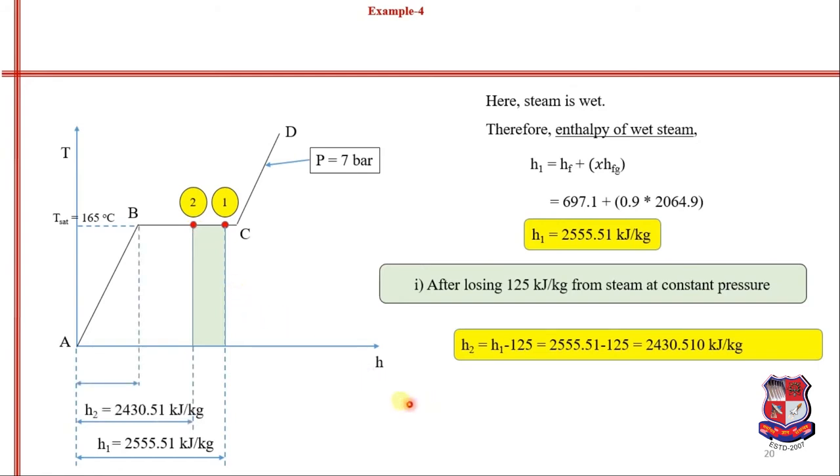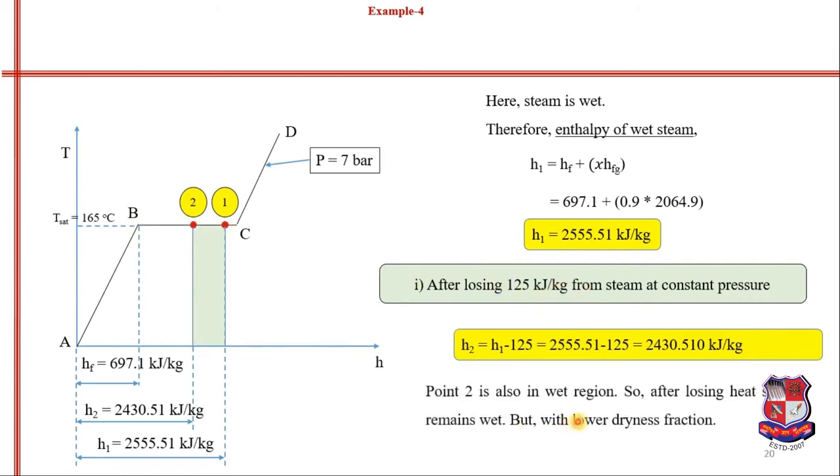And from the steam table, we know that hf, the enthalpy up to point B, is 697.1 kilojoule per kg. So from these values, we can identify that our second point, point number 2, is not beyond point B. It is between point B and C. But as we are losing heat, it will have a somewhat lower dryness fraction.